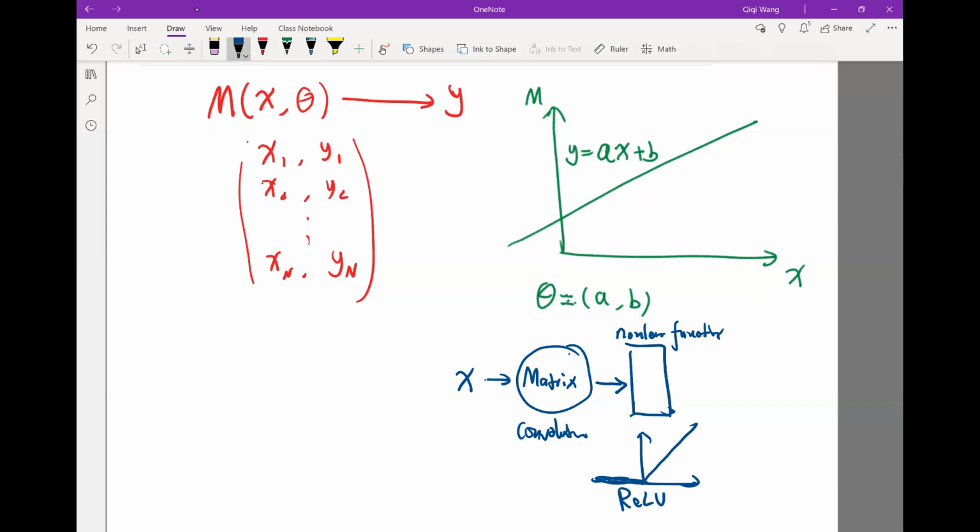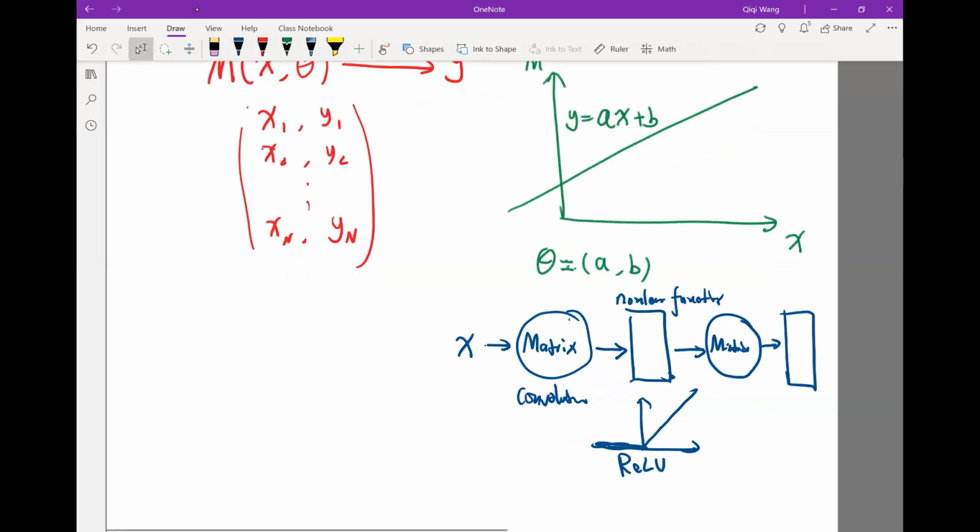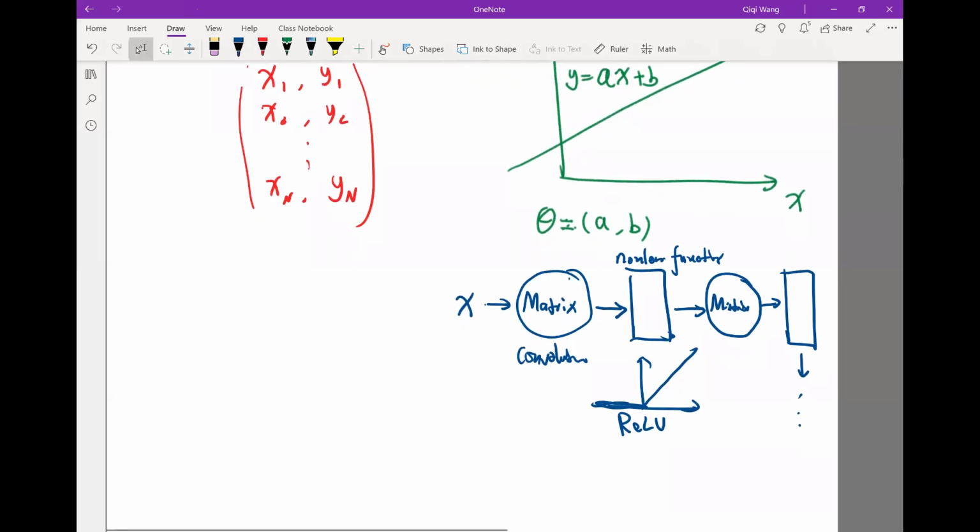The nonlinear function may be parameterizable, or may not be, such as in the case of ReLU. The output of this nonlinear function feeds into another matrix, which produces output, feeds into another set of nonlinear functions, and so on. How many of these layers you have basically determines the depth of your neural network. And this fancy phrase of deep learning basically means constructing a neural network that has many different layers.